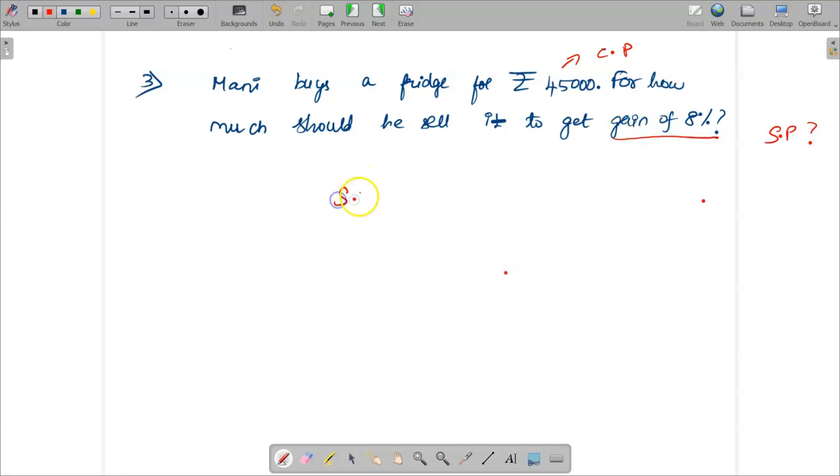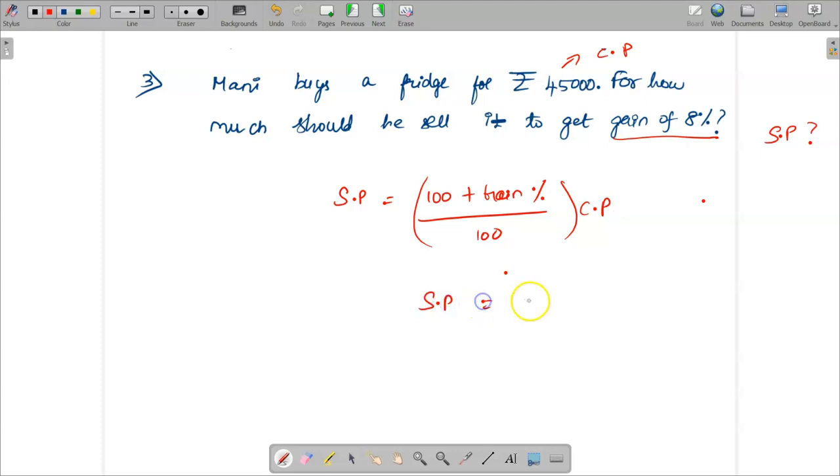So selling price is equal to 100 plus gain percentage divided by 100 into the cost price. This is the selling price formula. So selling price is equal to 100 plus gain percentage, which is 8, divided by 100, into the cost price, which is 45,000. So the numerator is 108 divided by 100 into 45,000.